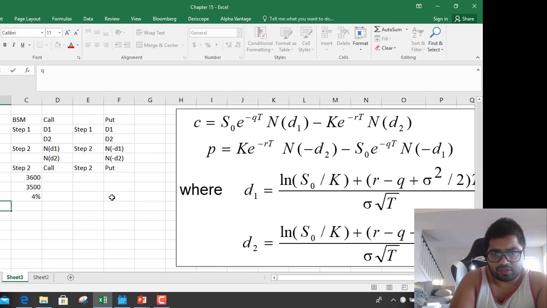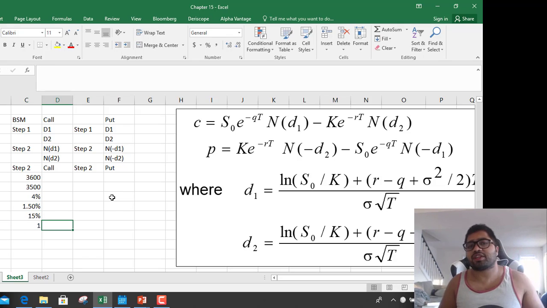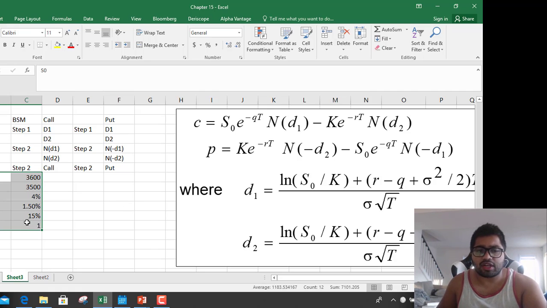Q is known, that is dividend yield 1.5%. Then sigma, volatility of index is known, 15%, and time, for simplicity, let us say it's a 1 year option. In exam it may not be a 1 year option. Okay, so all this is given. You have to calculate call and put prices. So I'll just move it here.